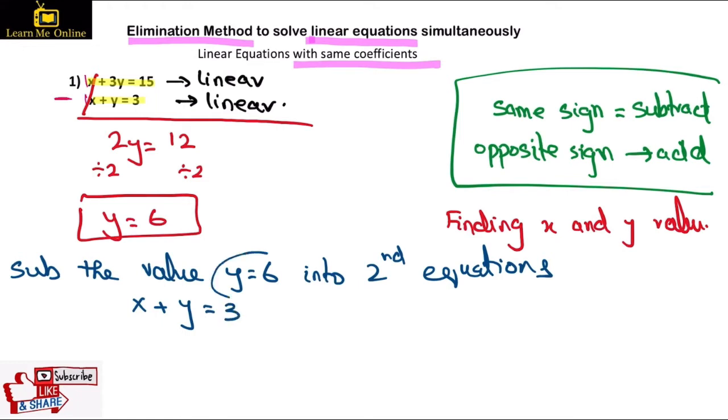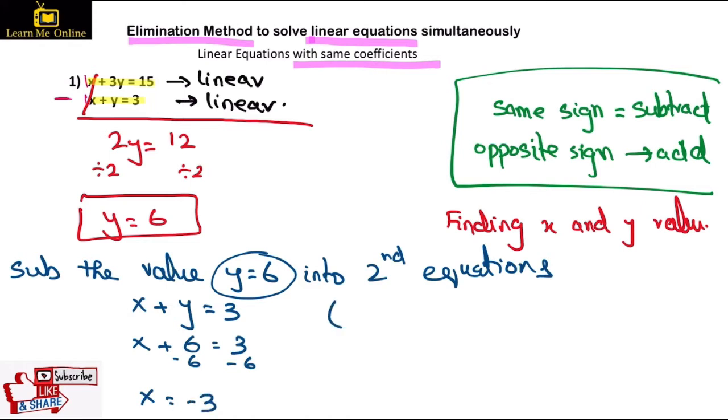Because we know that the y value is 6, I'm going to sub the y value into the equation. So x plus 6 equals 3. To find the x value, you do the inverse of this plus 6, which would be minus 6, and you'll get x equals minus 3.